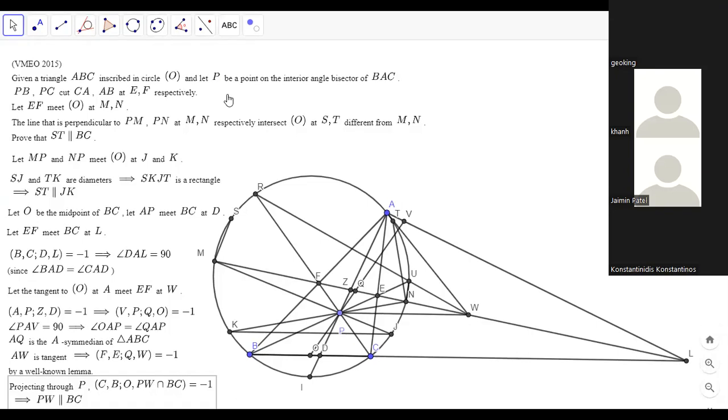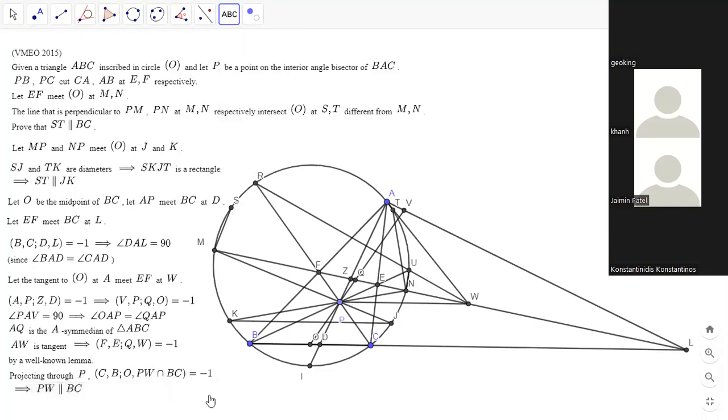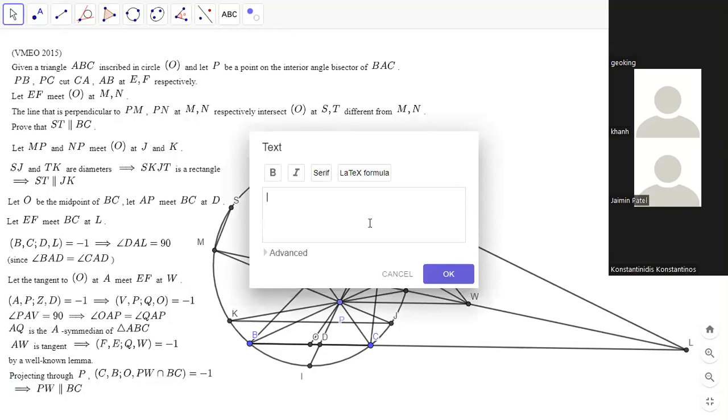So PW equals, oh, okay, so PW equals AW. So I'll say by an angle chase, PW equals AW.